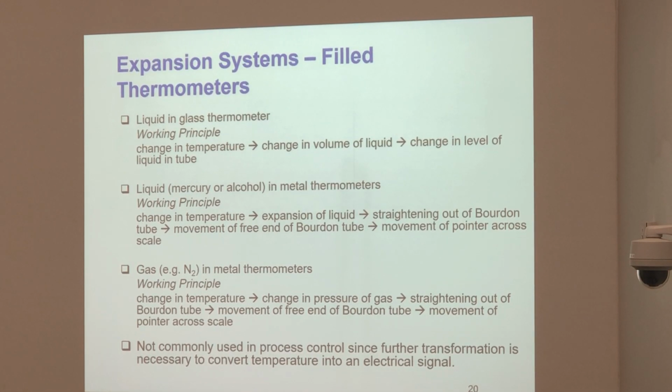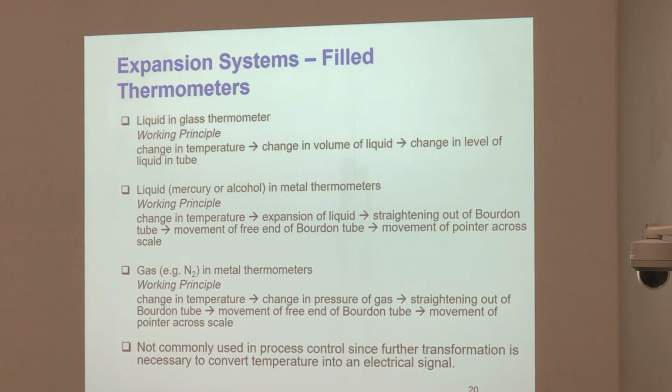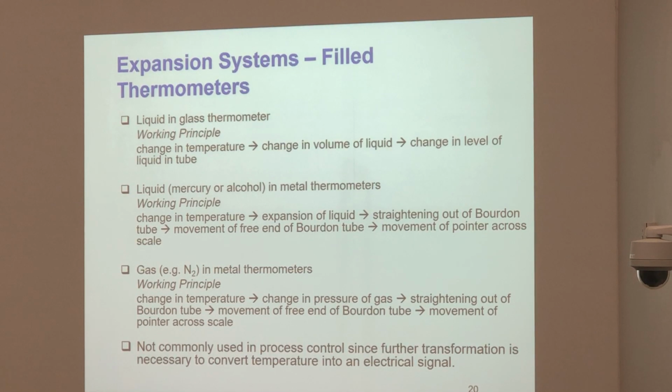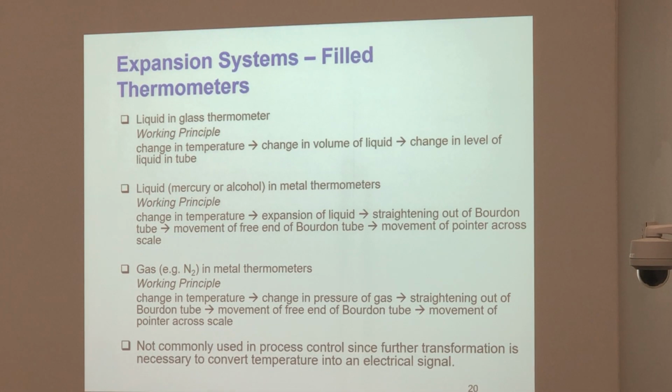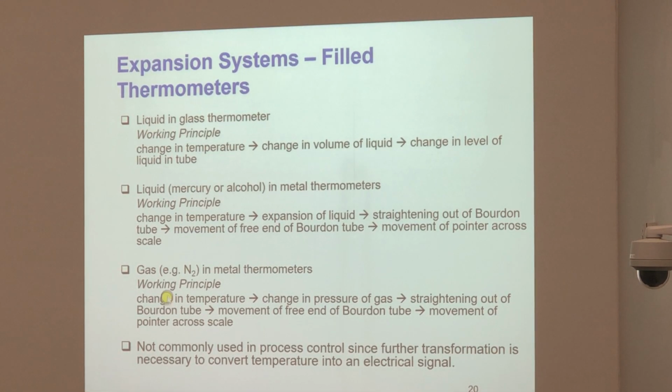We have more examples. Liquid phase in thermometer, liquid in metal, gas phase in this. Do you need me to explain this one, or I think you all can read and understand, right? So liquid in the thermometer is the normal temperature measure that we have.